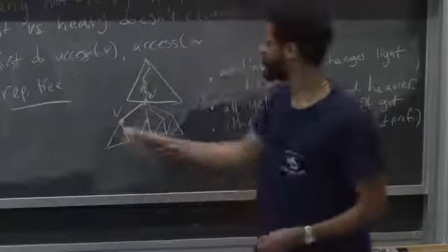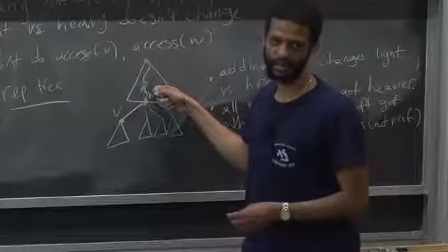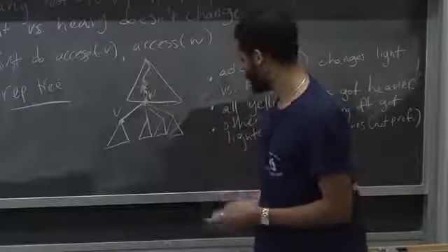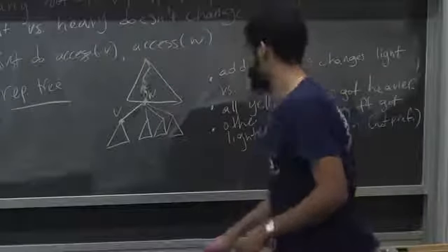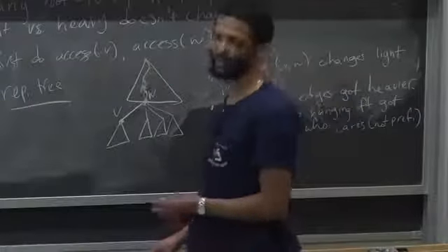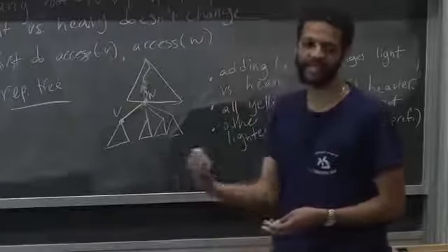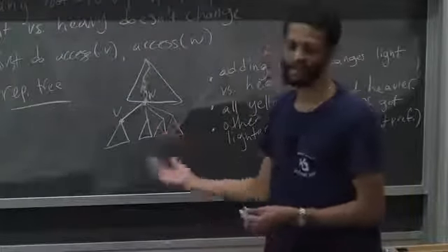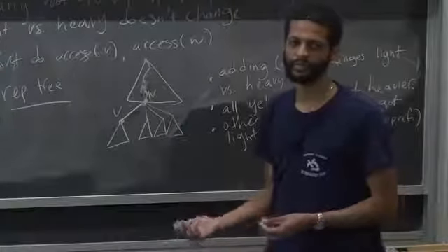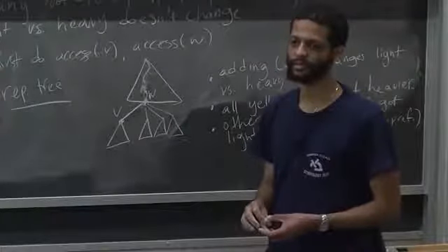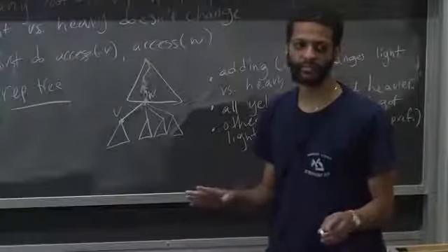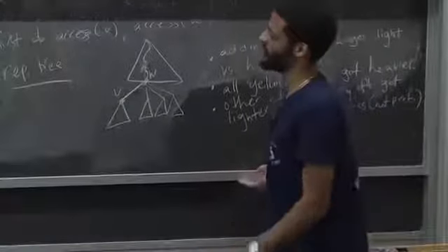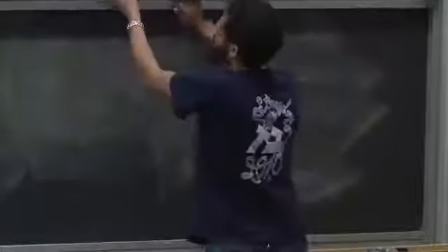Because we did an access on V, then we did an access on W. So V might have some preferred child. Oh, so now V doesn't even have a preferred child, because the last access in V's subtree was to V itself. So that's actually the picture after a link. Does that make sense? So that's that. Now we just need to handle cut.